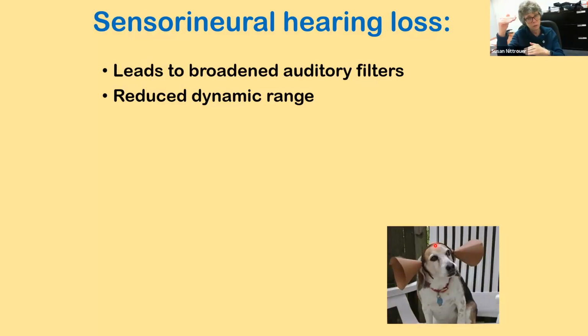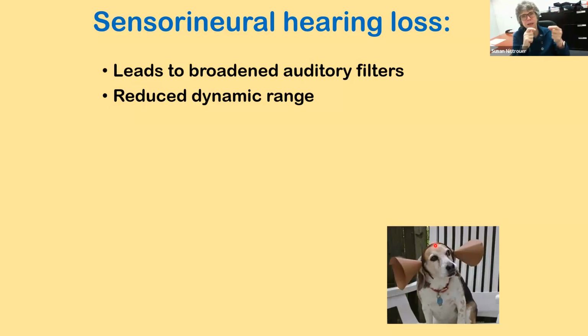So now, as you will recall, those of us with normal hearing can hear a range of sounds between 0 dB and 140 dB. If you lose some hearing, now you can't hear 0 dB. Maybe you only hear between 70 dB and 140 dB. So the scale is shrunk.